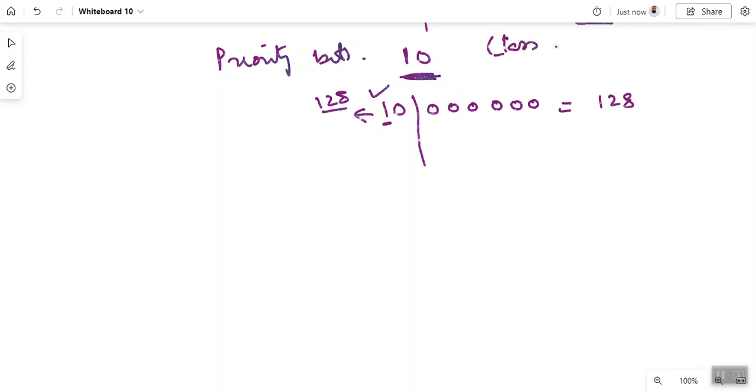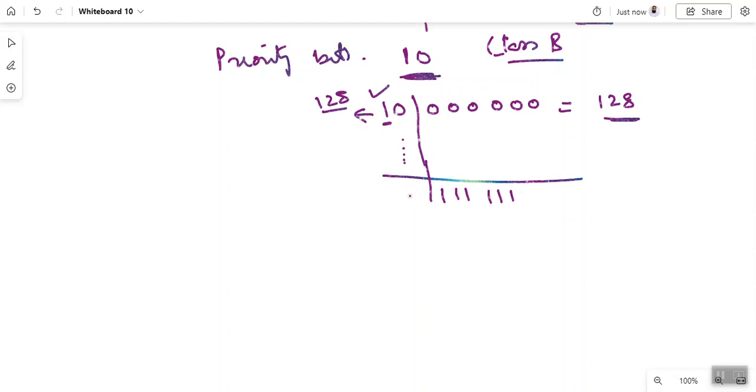If all other bits are zeros, these 2 are the constant priority bits, and the bit with value 1 is 128. So our class B range starts from 128. Now if all bits are ones, but these two priority bits will always be 1 and 0.